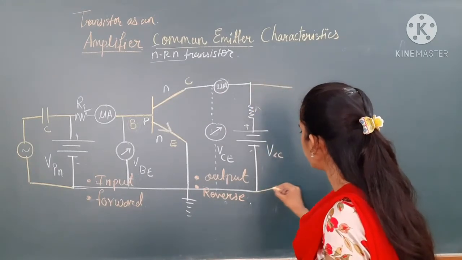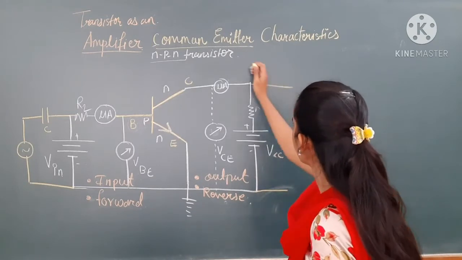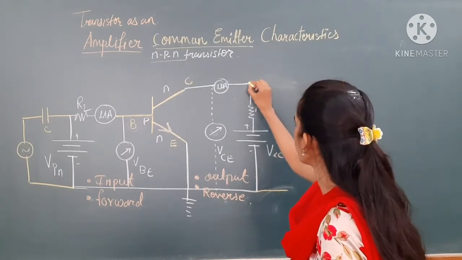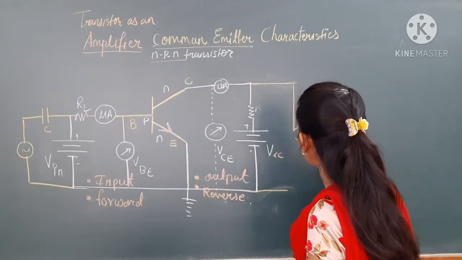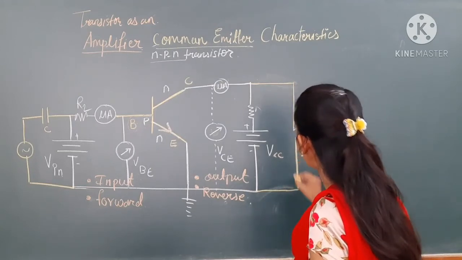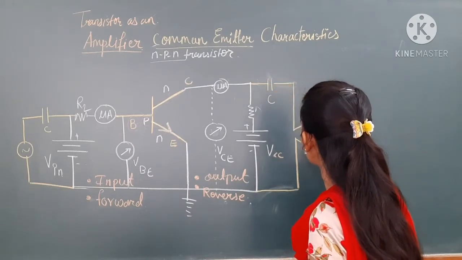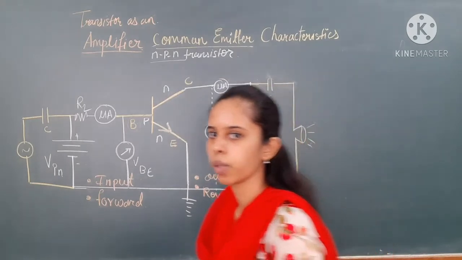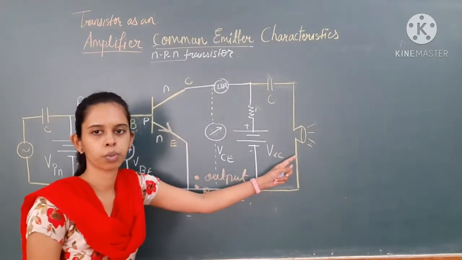Here we are going to attach a speaker so that we can know the amplification of the output voltage, and again we attach a capacitor over here. This is the speaker, from where you can see the amplification of the input voltage.